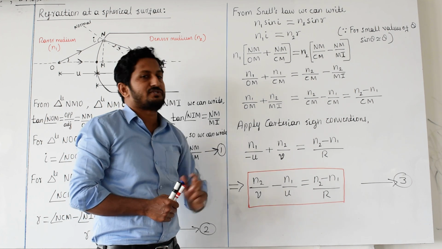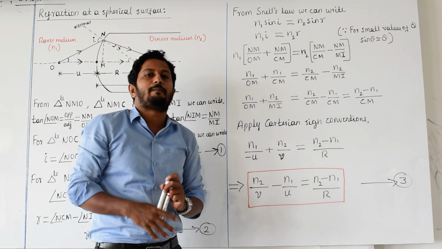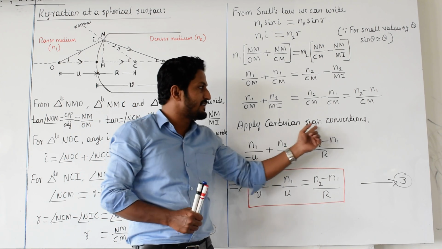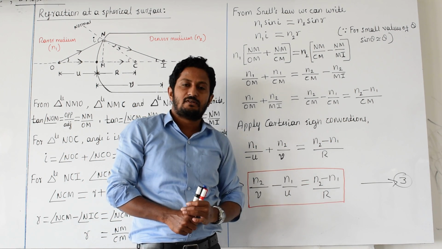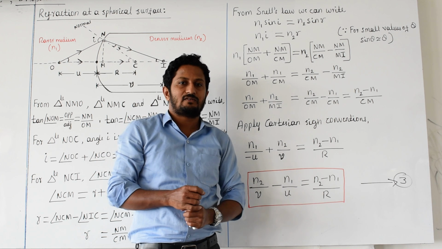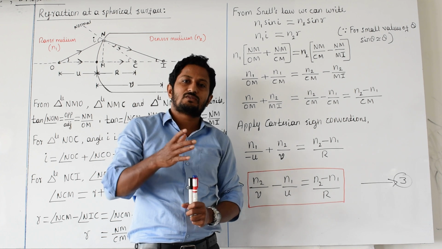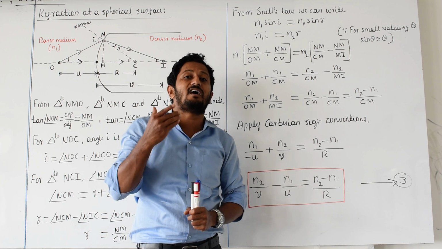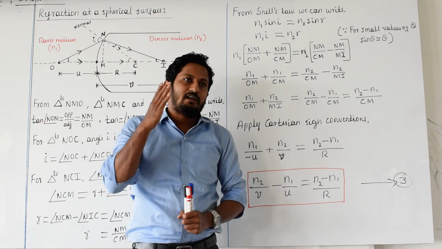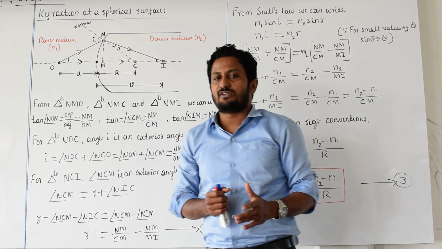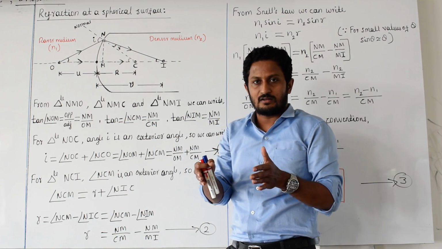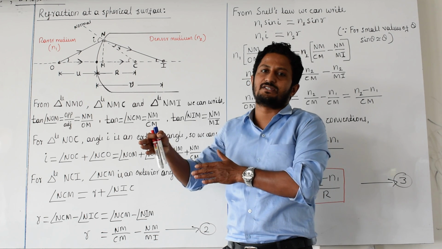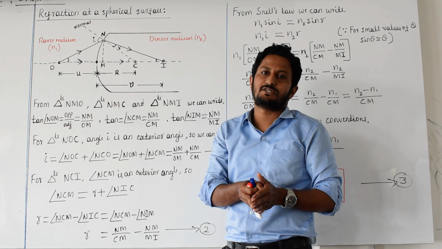To this equation, now you have to apply Cartesian sign conventions. Already we discussed which are those Cartesian sign conventions and what they are telling. According to the Cartesian sign convention, we have to measure all distances from the pole point.